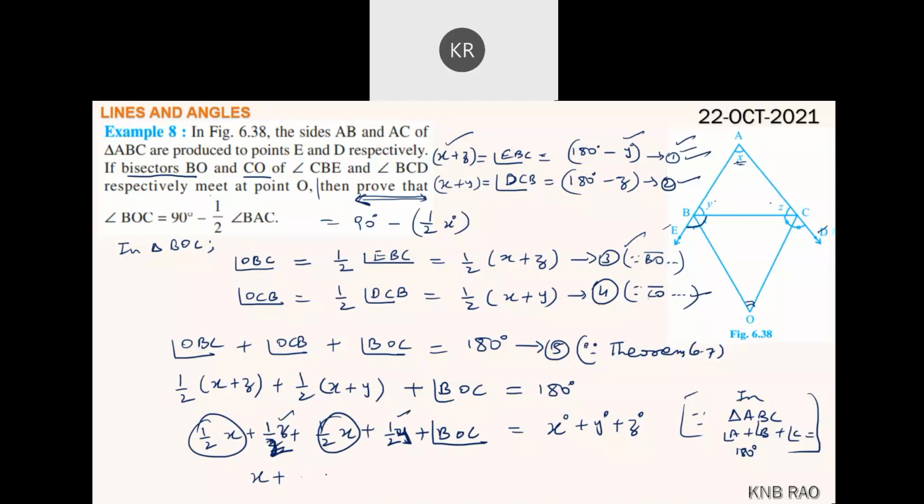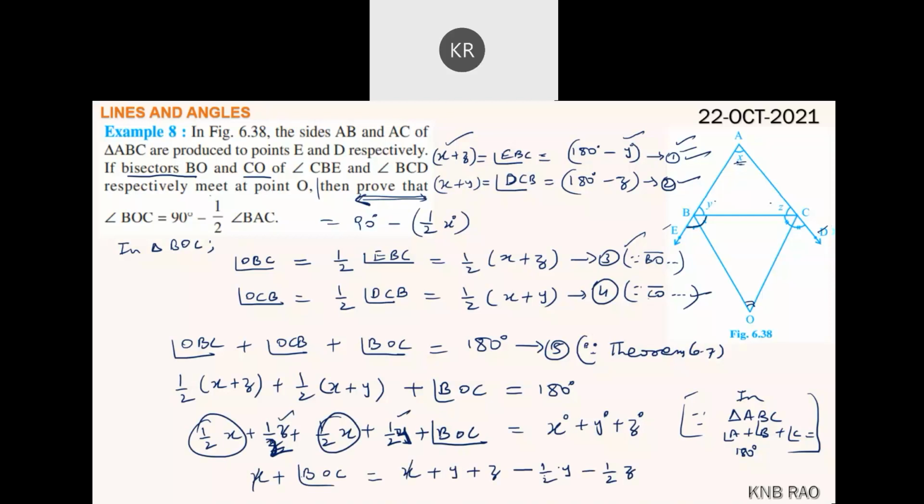angle BOC equals X plus Y plus Z minus half Y minus half Z. So this X cancels fully.